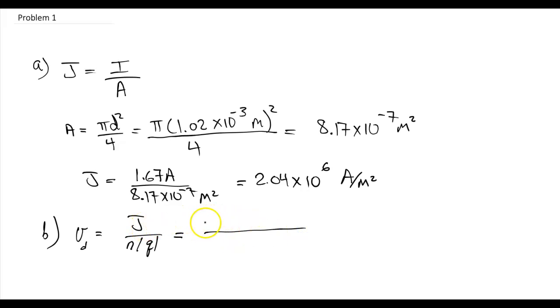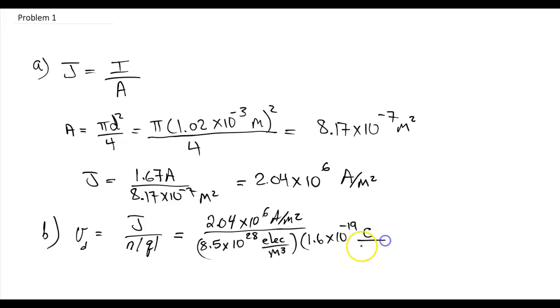And we just found what the current density is, 2.04 times 10 to the 6th amp per meter squared. We're told what the density is. The free electron density is given as 8.5 times 10 to the 28th electron per meters cubed, times the charge, which is 1.6 times 10 to the negative 19th coulomb per electron.